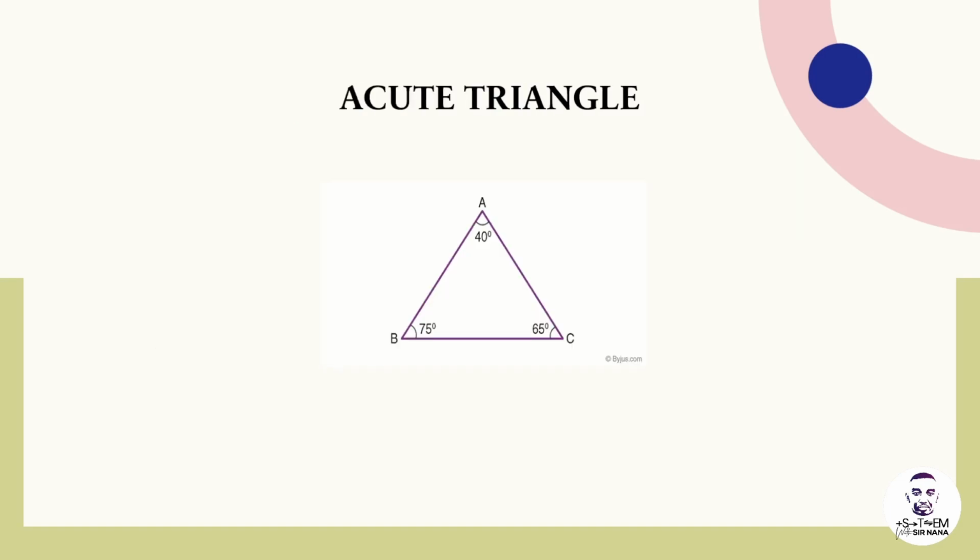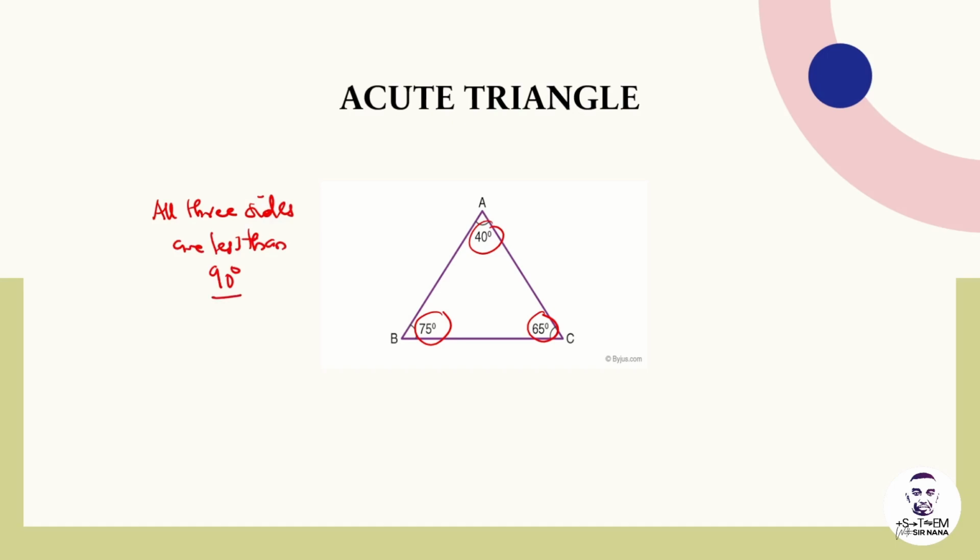And then we also have an acute triangle. So for acute triangles, you realize that all the three sides are less than 90 degrees.